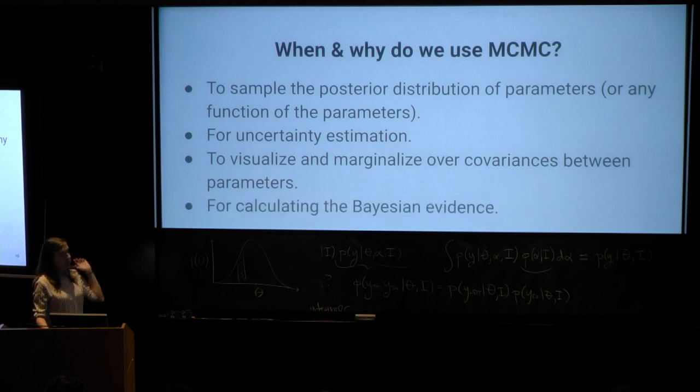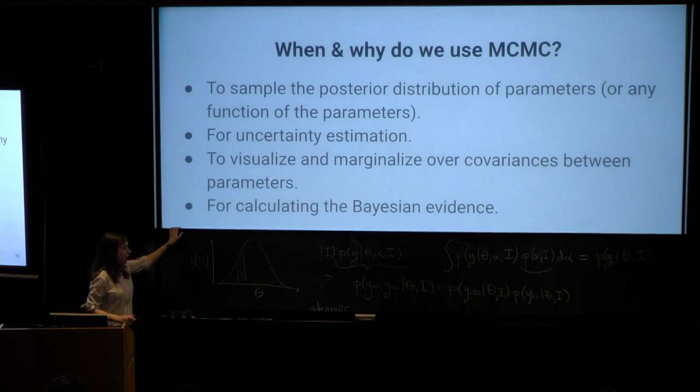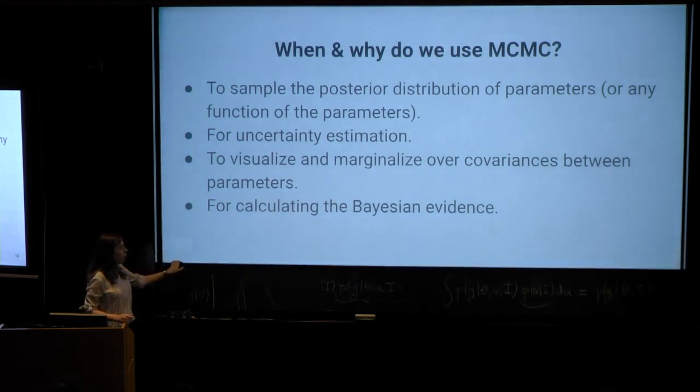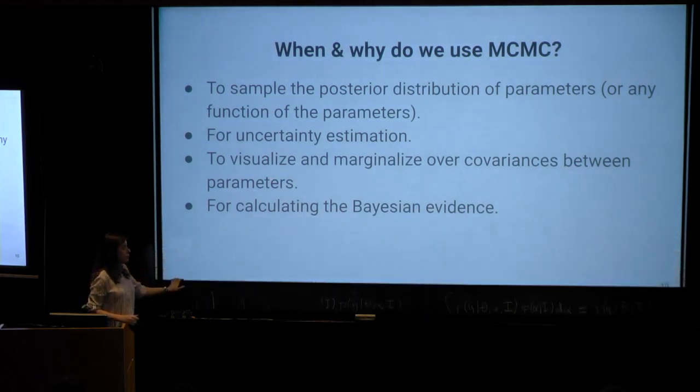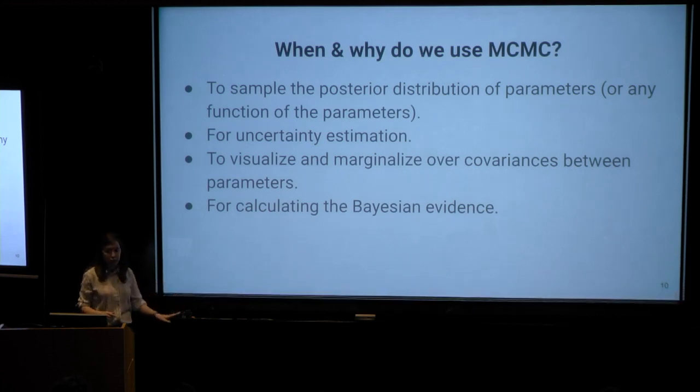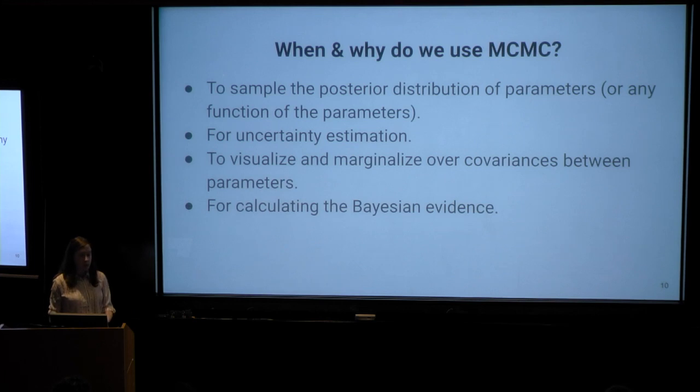And finally, this one is a bit of a more advanced application of it. I think I most often see people using MCMC in the literature for uncertainty estimation or for exploring parameter space. But you can also use it to calculate Bayesian evidence, which is when you need to explore all possible parameters and integrate them up to see how likely your model in general is to fit the data.